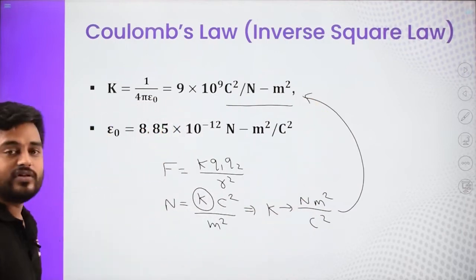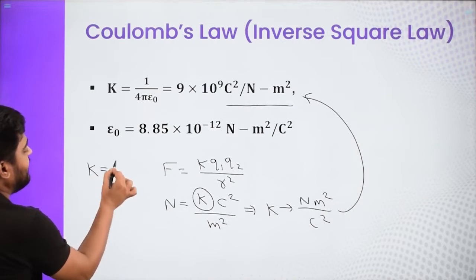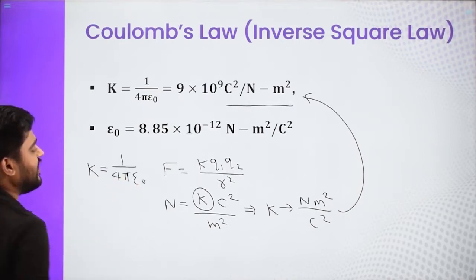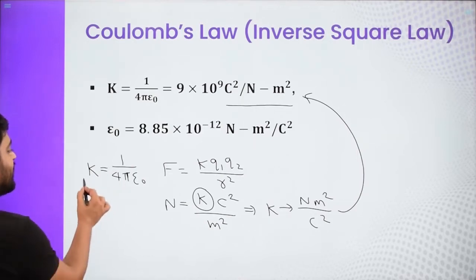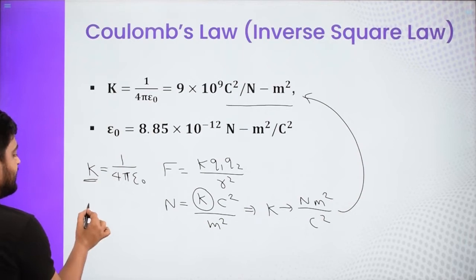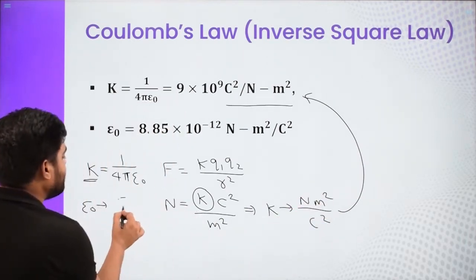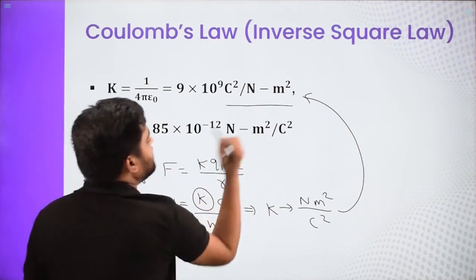And how are K and epsilon naught related? K is equal to 1 upon 4 pi epsilon naught. This 4 pi does not have any unit. So whatever is the unit of K, the unit of epsilon naught will be its reciprocal, which is going to be Coulomb square per Newton meter square. And this unit is the one which is written over here.